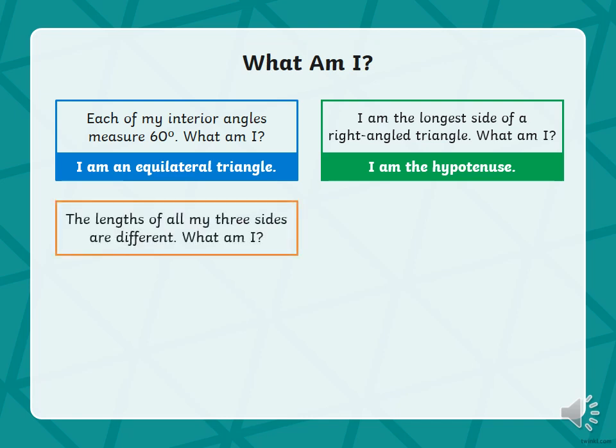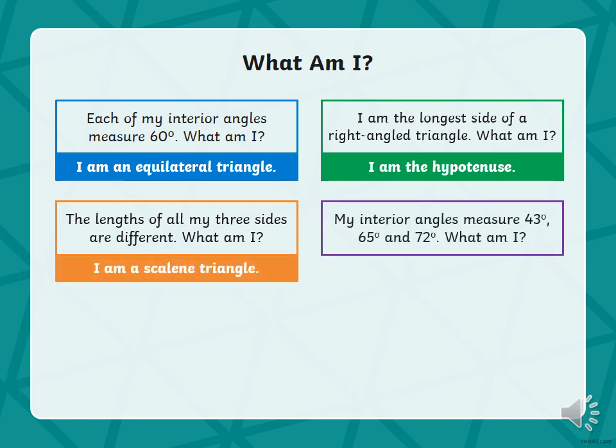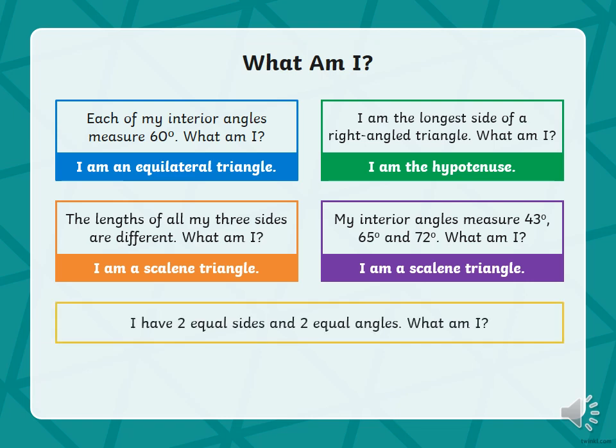The lengths of all my three sides are different. What am I? I'm a scalene triangle. My interior angles measure 43 degrees, 65 degrees, 72 degrees. What am I? I'm a scalene triangle. I have two equal sides and two equal angles. What am I? I am an isosceles triangle.